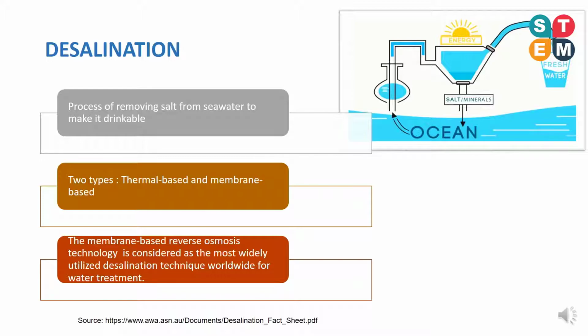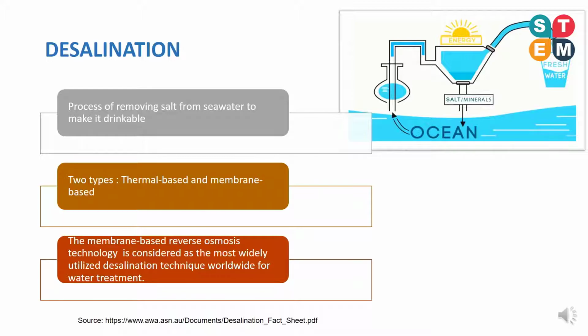Desalination has proved to be the best solution for the water scarcity issue. Here the salt water is converted to fresh water. We can see from this figure that in this process excess salts are removed from the salt water to make it clean water, and there are mainly two types of desalination technologies extensively used, the thermal based technology and the membrane based technology.